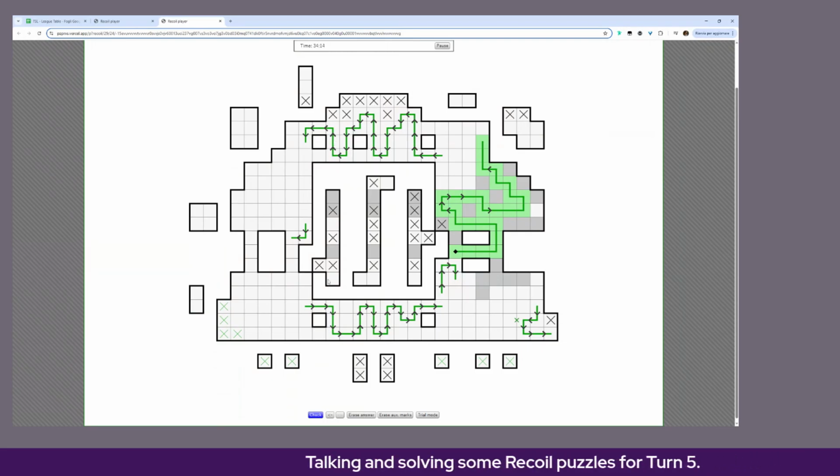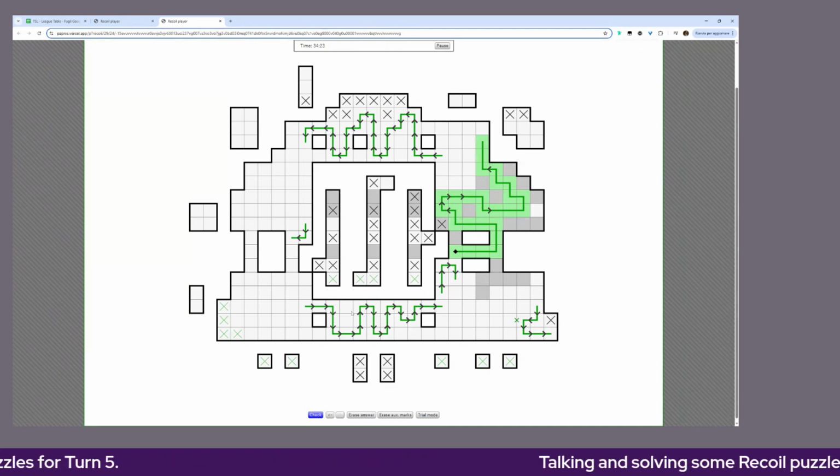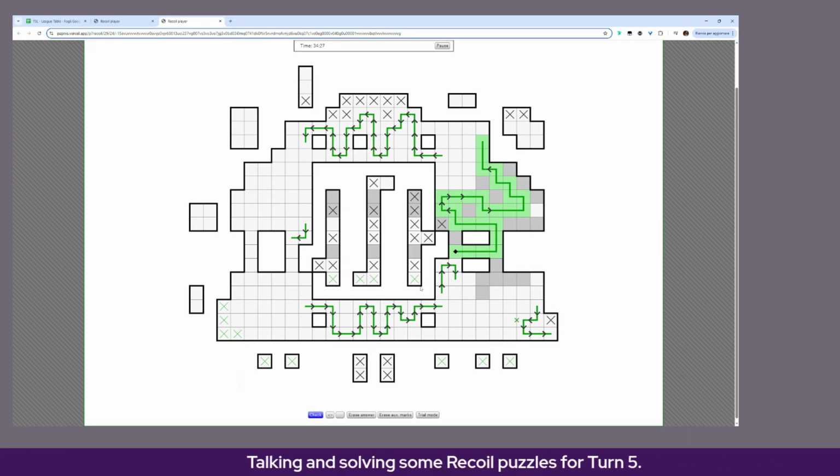And because this is true, this means that 1, 2, and 3 moves must be taken horizontally, but this one must be taken as well horizontally, because I can't take it vertically, and so I have 4 moves that must be taken horizontally.